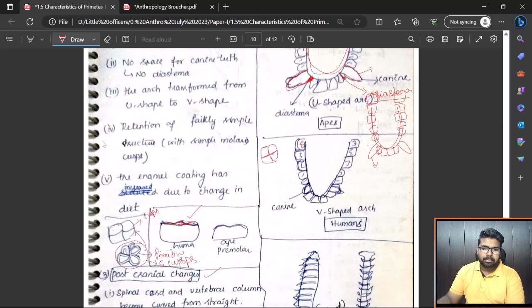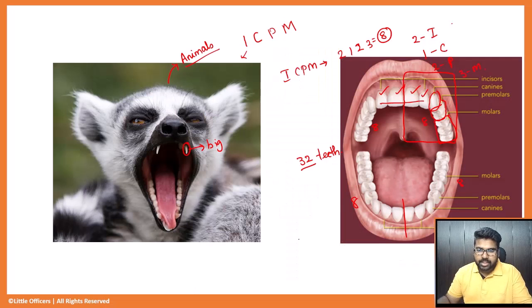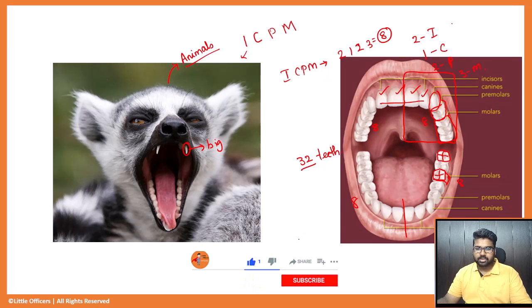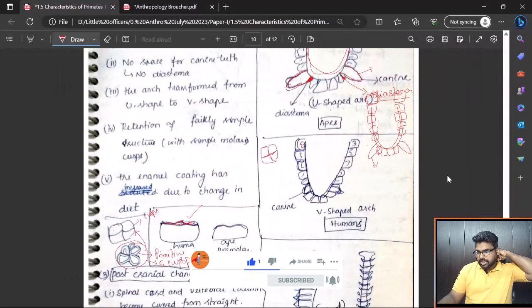Maybe slightly different, but you can see this kind of clear cut cusp in your molar teeth. Look at this here. 1 2 3 4, this is the cusp pattern here. Same goes for here, same goes here as well. Okay. This is the cusp pattern on the molar teeth in case of humans. So this is another thing.